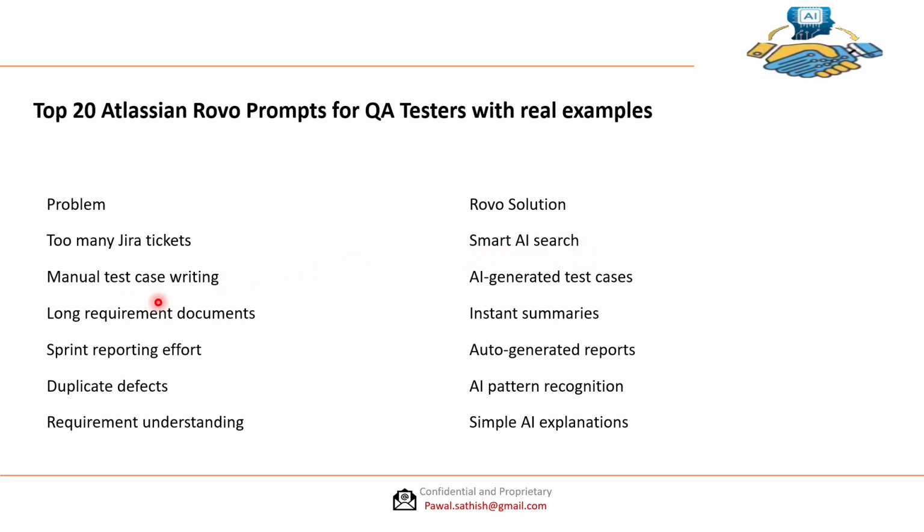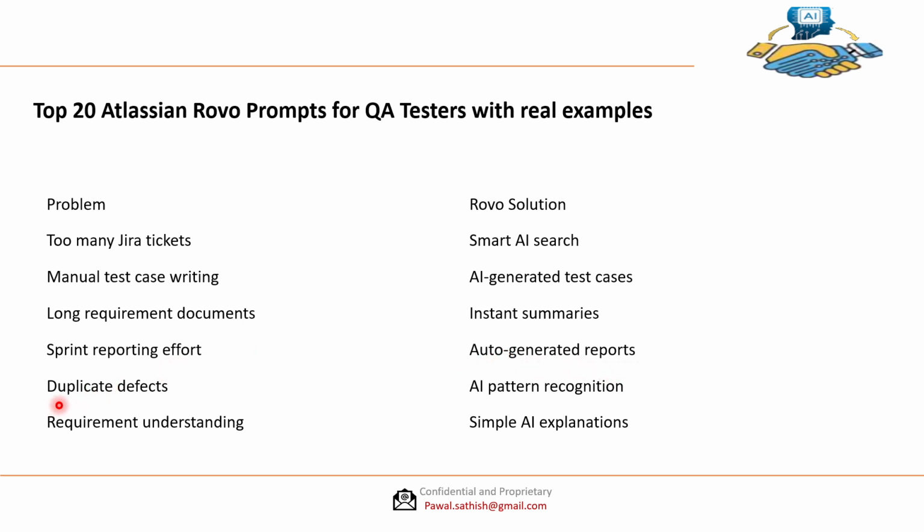For writing manual test cases in Zephyr, we ask for AI generated test cases and give the reference. If product writes long requirement documents, we ask for a quick summary using Rovo. If we need to handle sprint reporting efforts, we use auto generated reports.